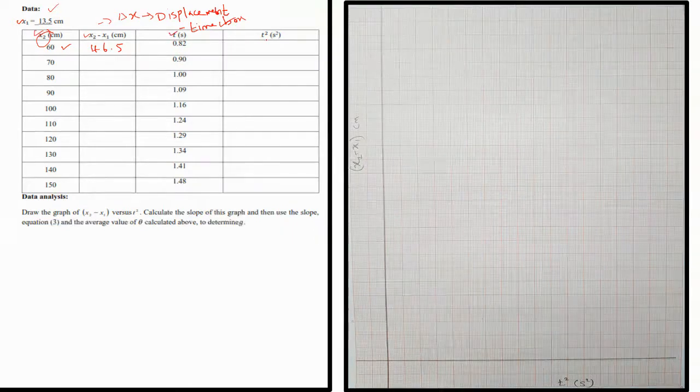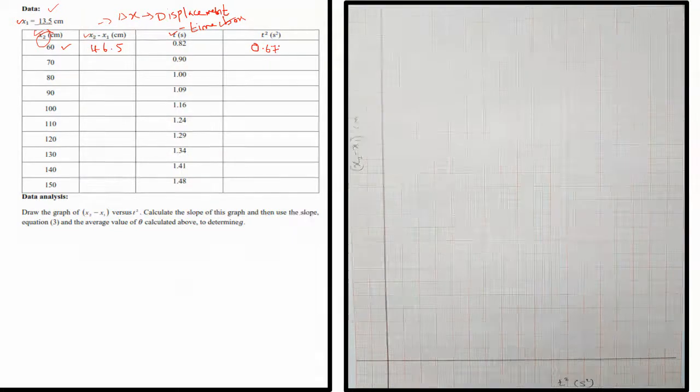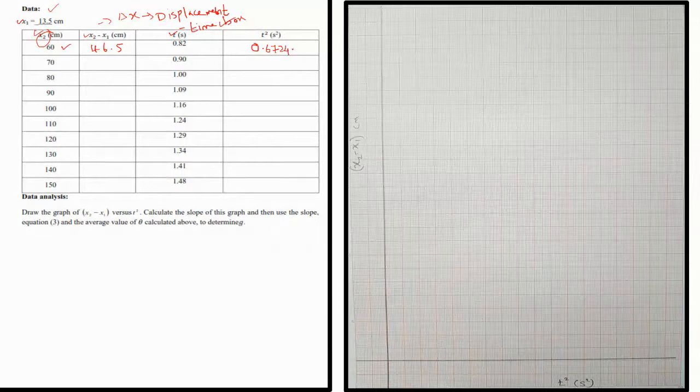If you square this time, what will you get? So you have to square this value. If you square 0.82, what will you get? 0.6724. Am I right? So here we have 4 digits. I told you already, when you are going to draw the graph, only 2 digits are enough.